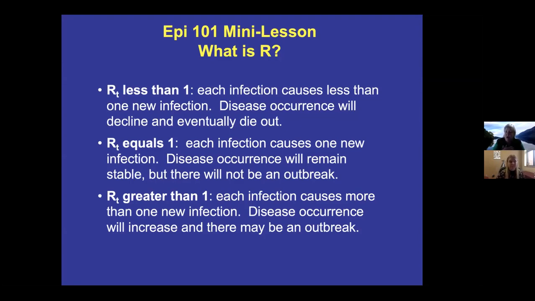And if that happens, disease occurrence will remain pretty stable, but there's not going to be an outbreak. It's when you get R's of greater than 1 that the occurrence of the disease is increasing, or there may be an outbreak. That's when each infection causes more than 1 additional infection.